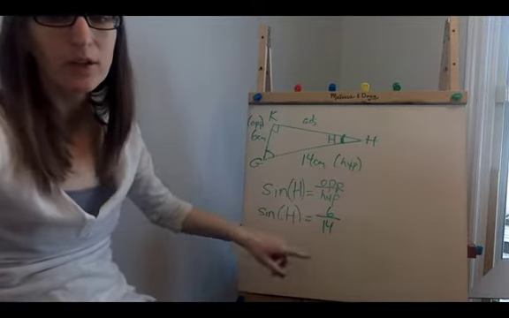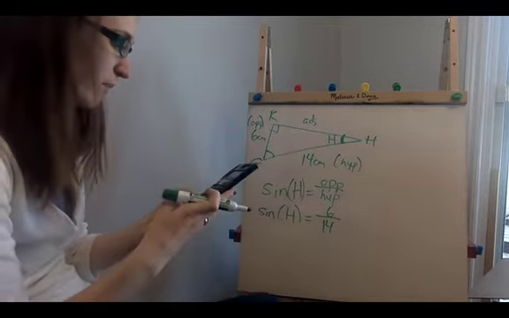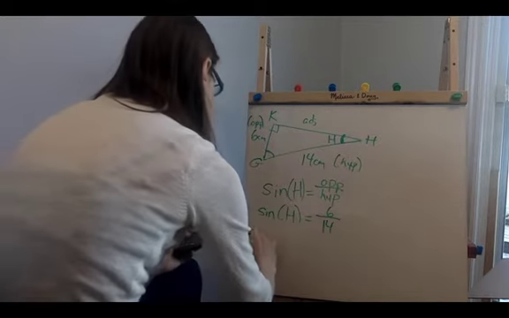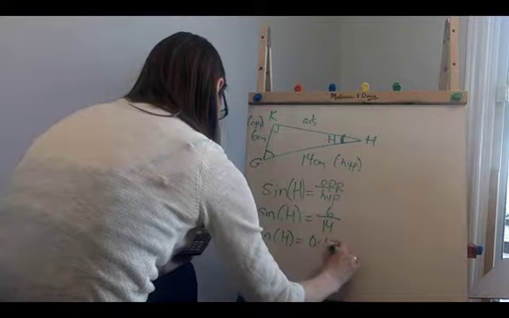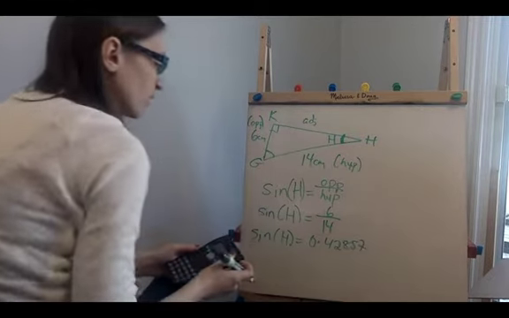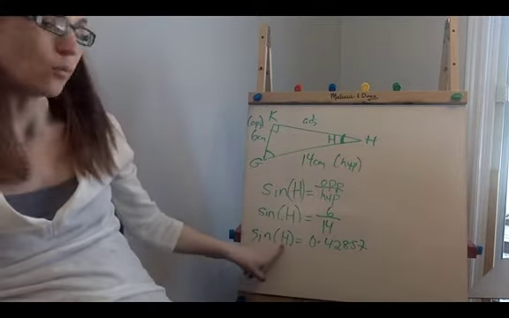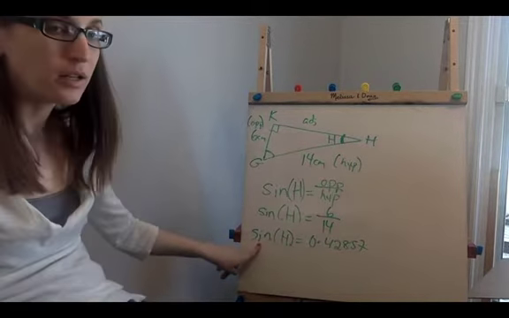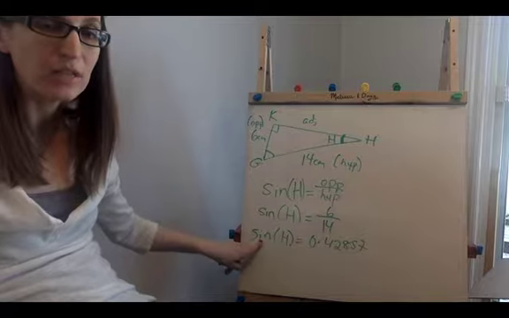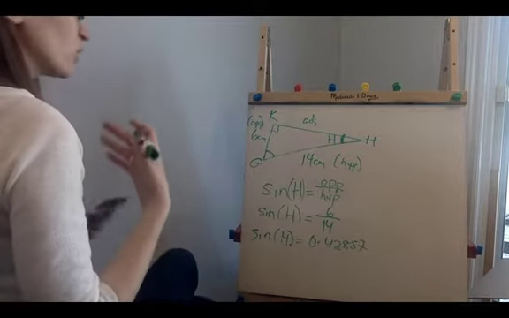I can calculate this value, 6 divided by 14. It is a ratio of 0.42857. Now what I'm doing is I want to get H by itself. I need to get rid of the sine. Sine is an operator, not a constant, so I can't just divide by sine, but this is where we do the sine inverse.